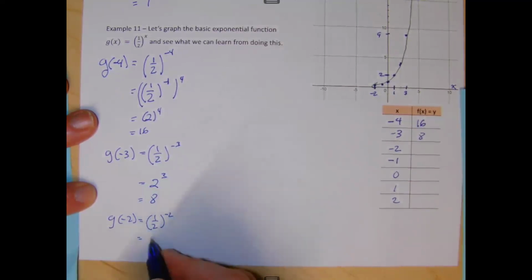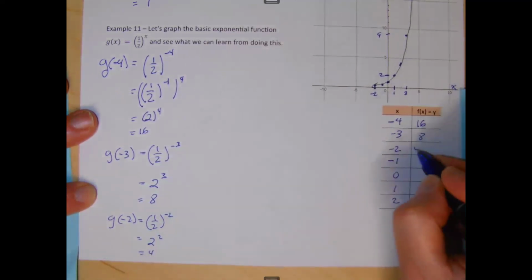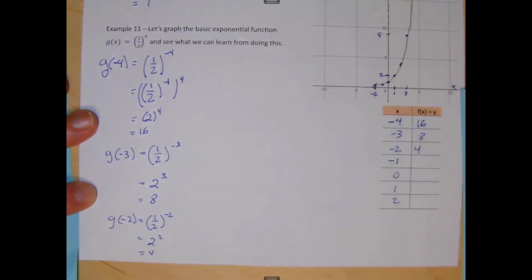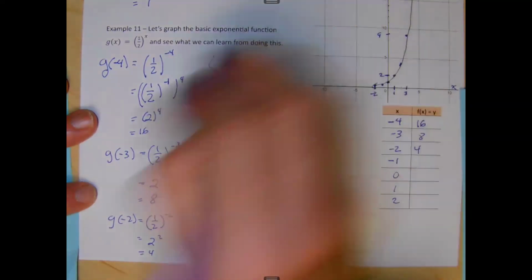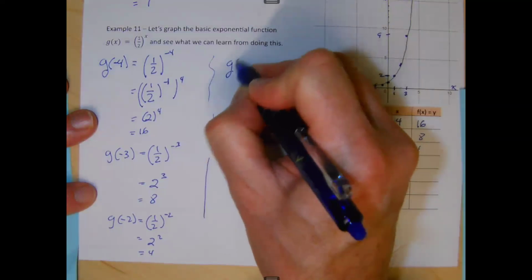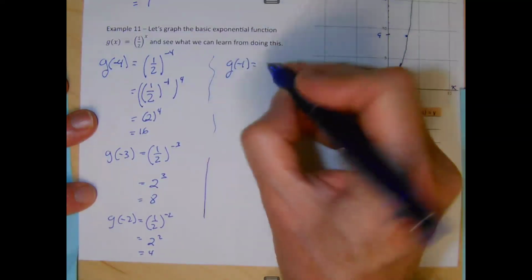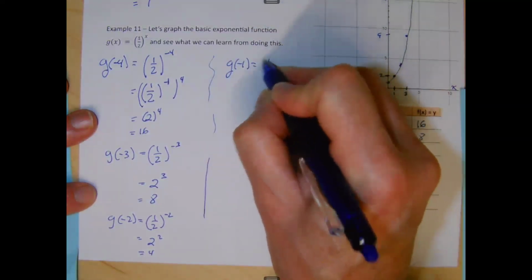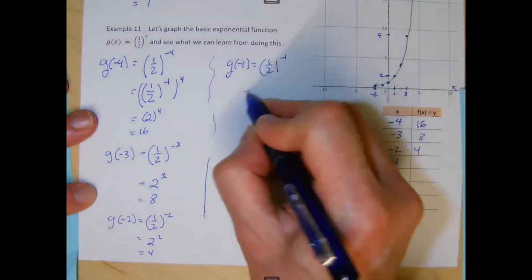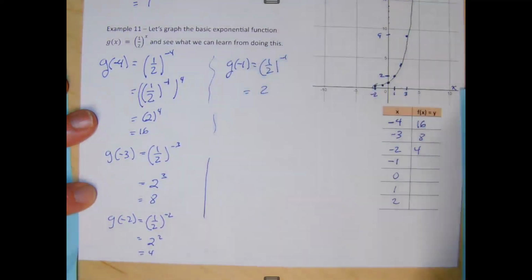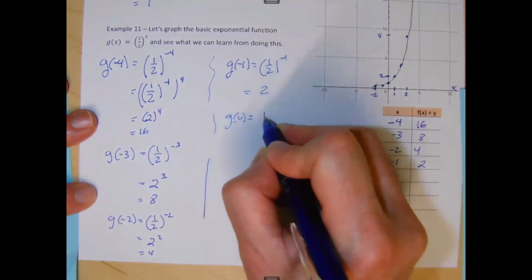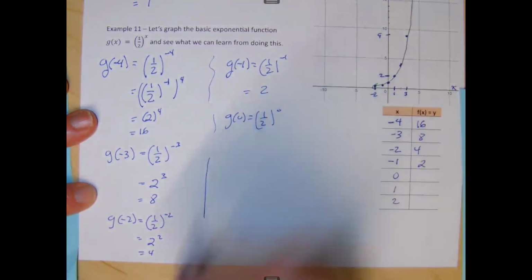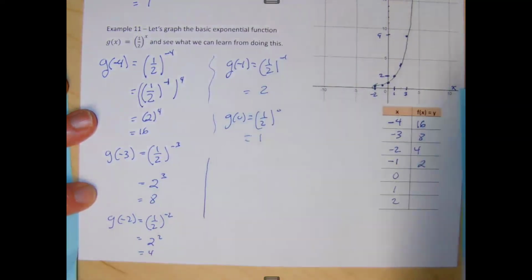Again, apply that negative, I get 2, and that's still squared, and I get 4. You can see everything's going backwards now. g of -1. And again, when I flip this, it just becomes 2. And g of 0. So again, it doesn't really matter what the base is, I get 1.